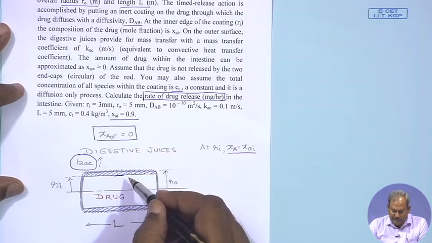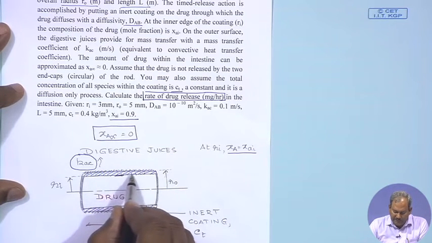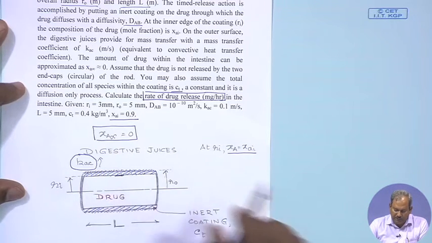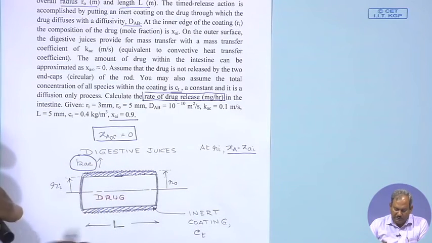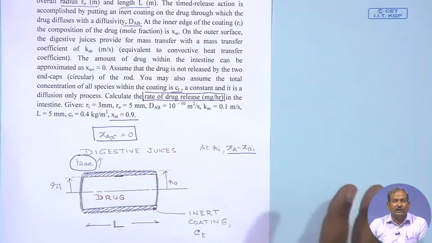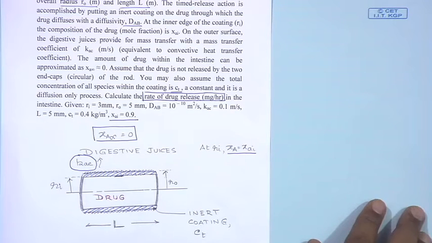You can see that this is just a diffusion only process, and if we take a thin slice in the inert cover of the drug, then we should be able to write the shell species balance. The species in this case is the drug. The drug diffuses through the inert core, reaches the outside, and will move out of the drug into the intestine.